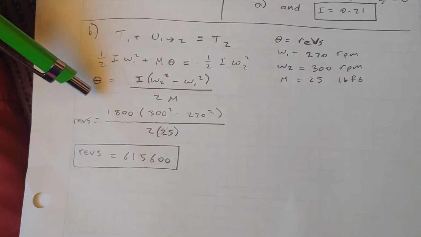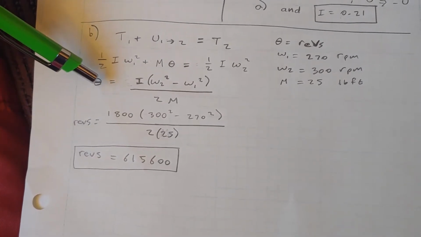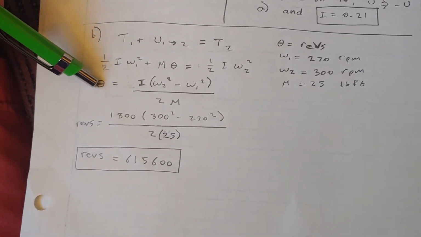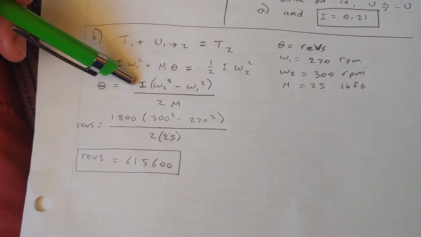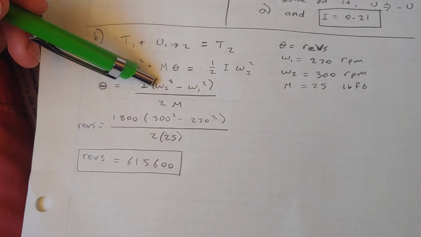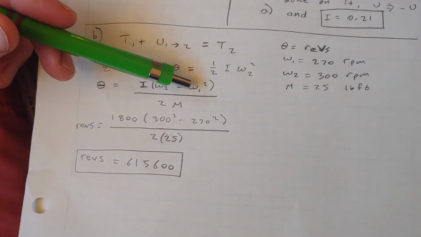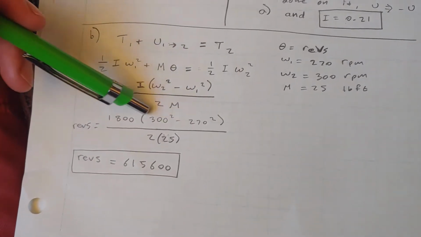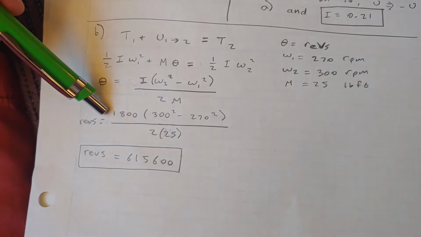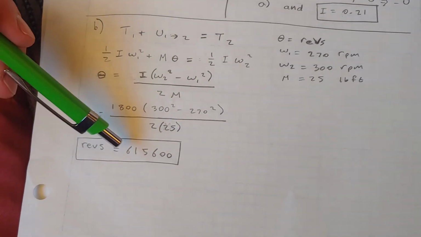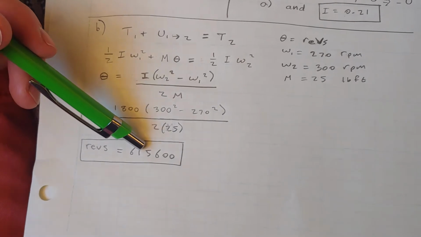So our revolutions equals the inertia times the final kinetic energy squared minus the initial kinetic energy squared, over 2 times the moment. After inputting all of those numbers, we get the revs is equal to 615,600.